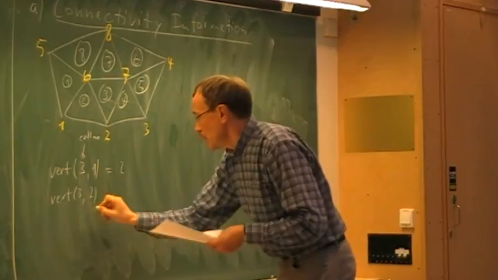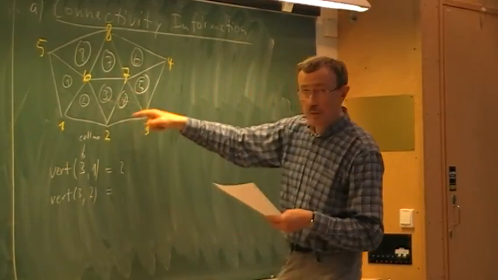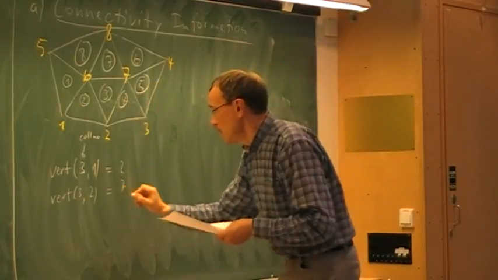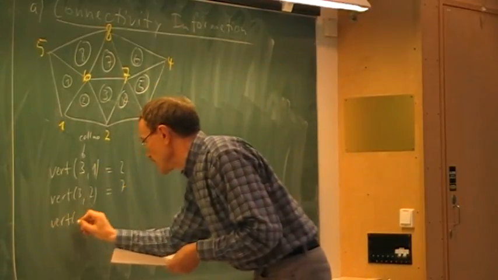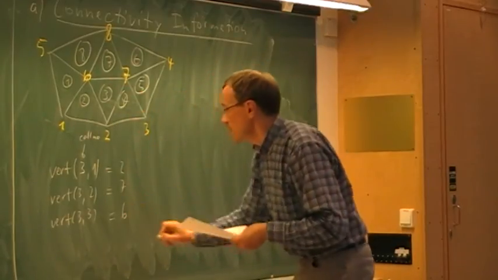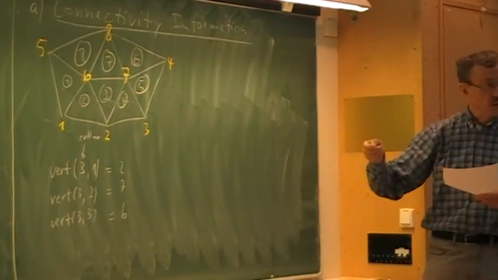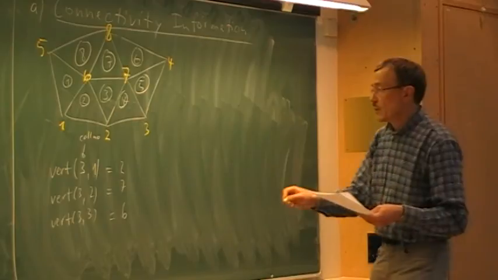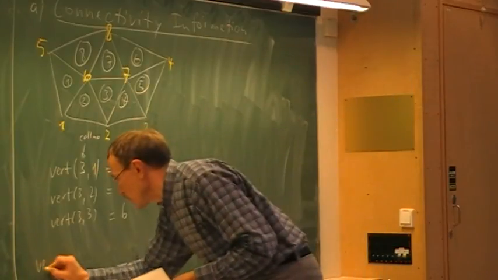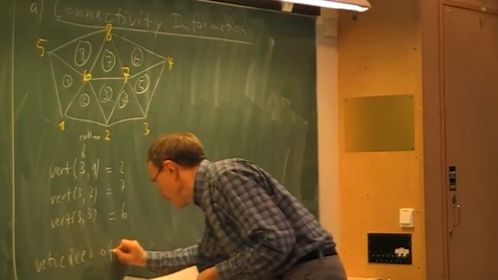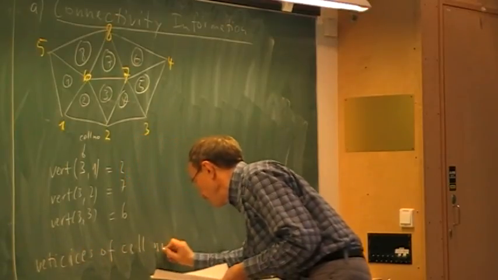And the vertex number 2, if we go counterclockwise as we like in mathematics, is number 7. And the vertex number 3 of cell 3 would then be number 6. So you have to provide this information. Also for the neighbors, what are the neighboring cells? So these are the vertices of cell number 3.